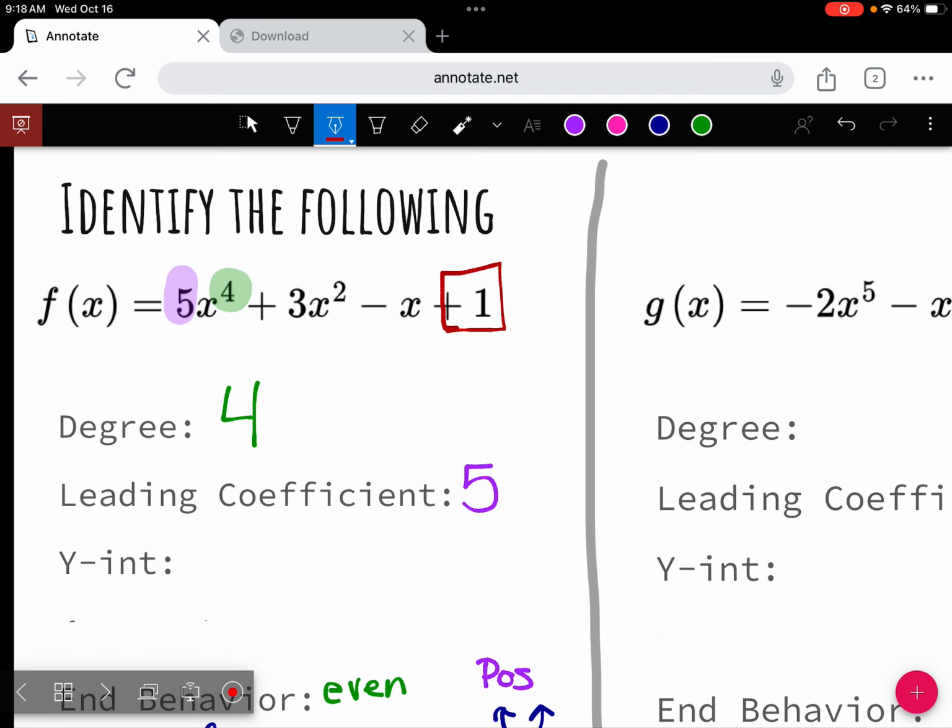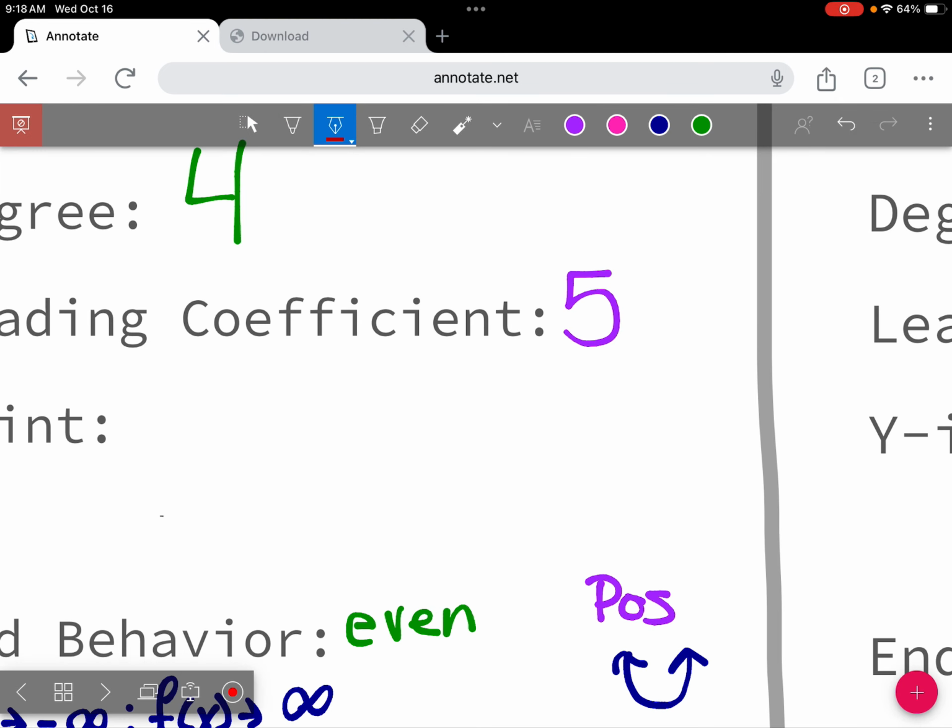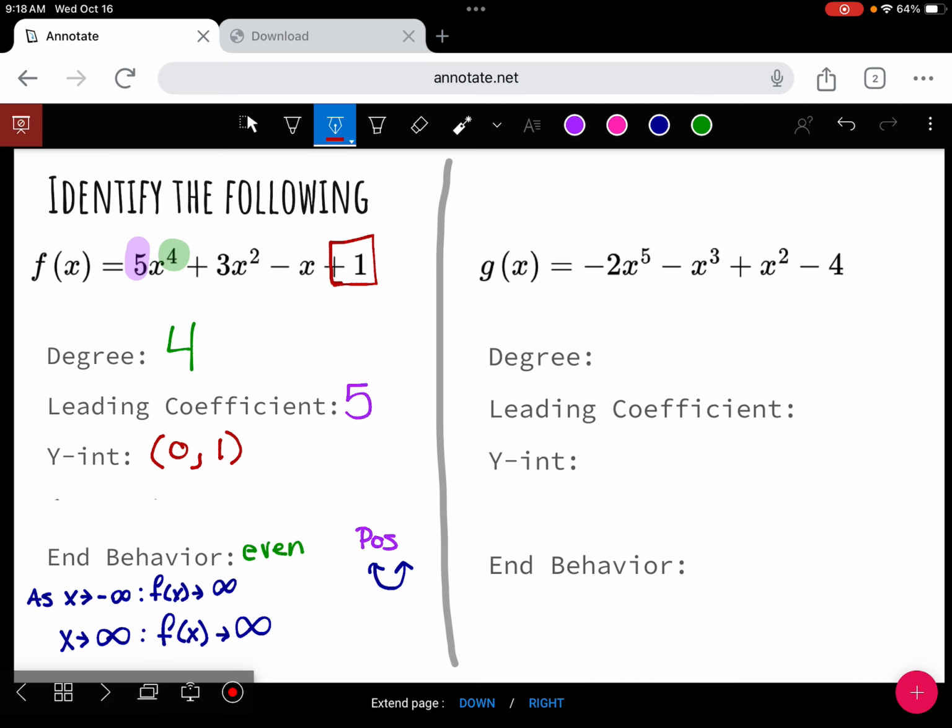Because if x is 0, 5 times 0 to the 4th, 0. 3 times 0 squared, 0. Minus 0, 0. Plus 1. So our y-intercept is going to happen where that constant is, at the point 0, comma 1. So even without knowing anything else about this, I know where my arrows are pointing. They're both pointing up. I know where my y-intercept is. And I know we're going to have some little squiggles in there.